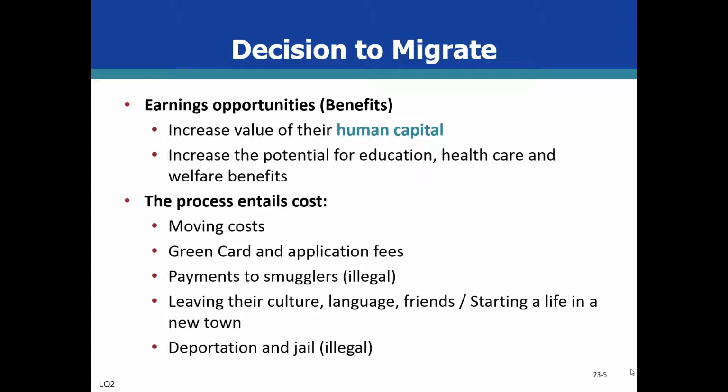All else equal, larger wage differences between two nations strengthen the incentive to migrate to the nation with the higher wage. They also increase their potential for more education, better health care, better welfare benefits.